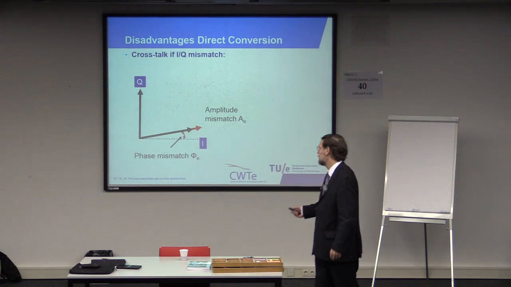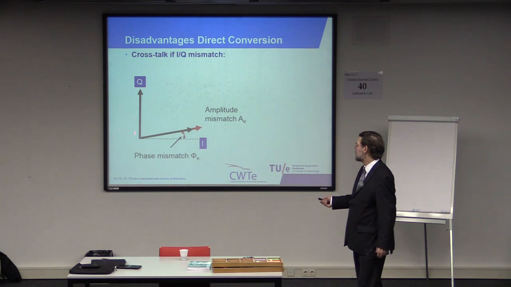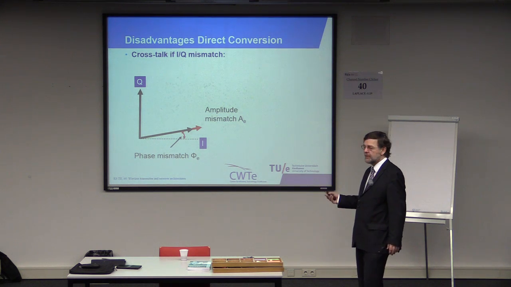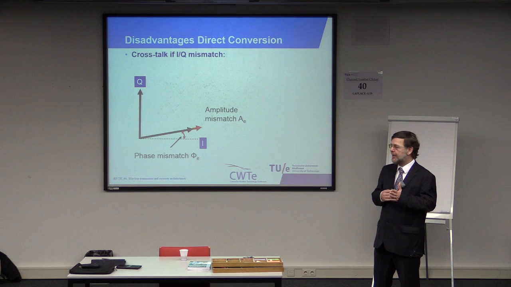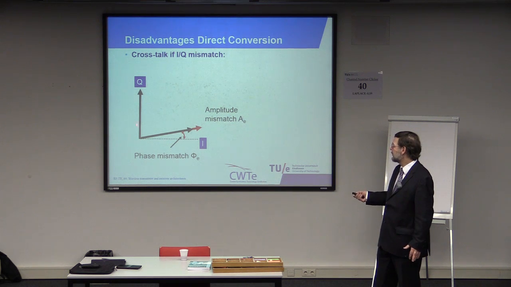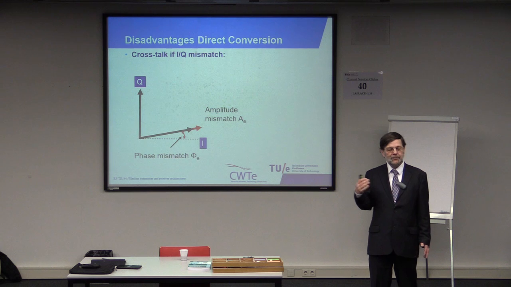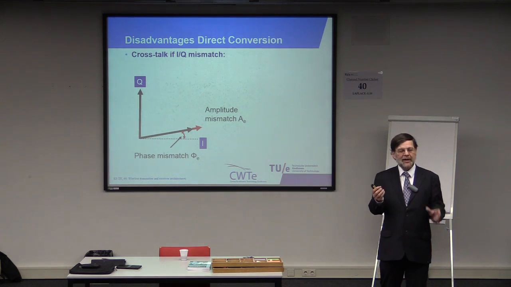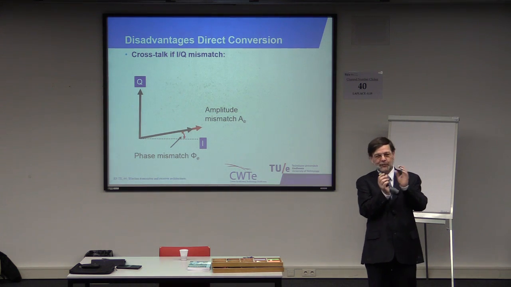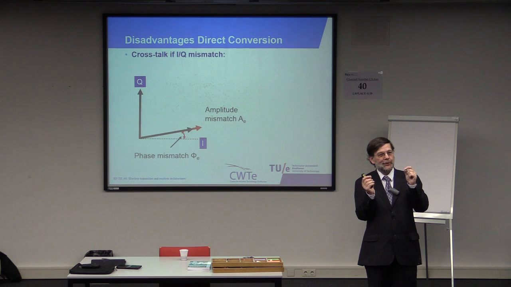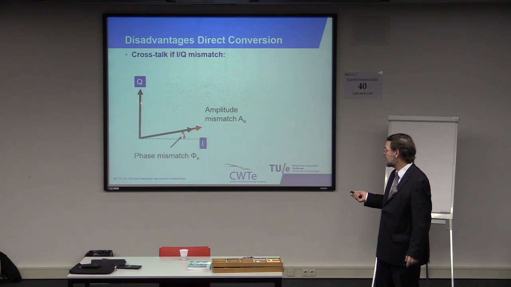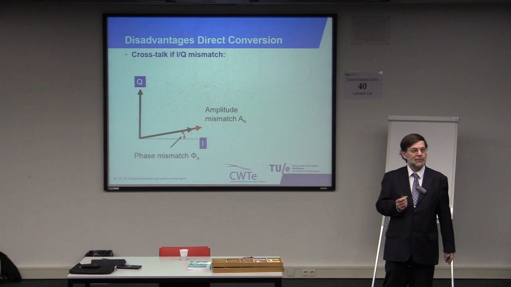In that case, I decompose my signal not on two orthogonal axes, I and Q, but on two axes that are not quite orthogonal, and so I get a phase mismatch. In the same way, the LO signals might be perfectly a sine and a cosine, but one might have slightly larger amplitude than the other. And so I have an amplitude mismatch.